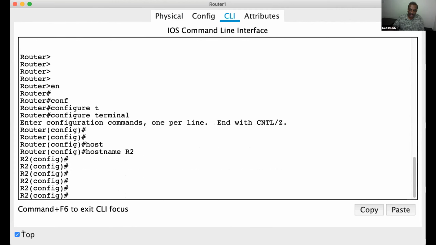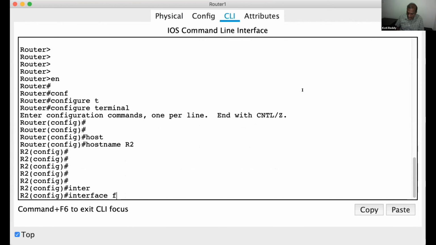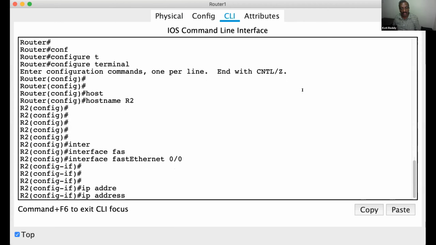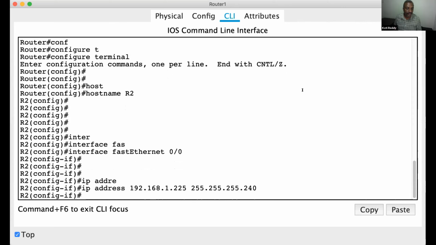So for R2, I need to give the IP addresses. I go to interface FastEthernet 0/0. I give the IP address 192.168.1.225. What is the mask? /28 means 255.255.255.240, right?